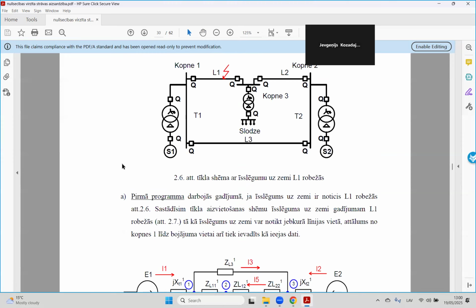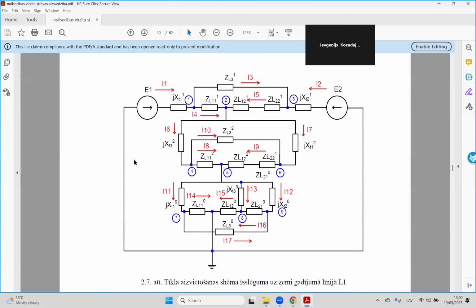The place is here, but theoretically it could be moved somewhere here. This is the equivalent scheme, and the fault is somewhere here, because it is universal and compatible for different places. So we connect the fault point to the neutral wire of the negative sequence, and the same to the zero sequence.